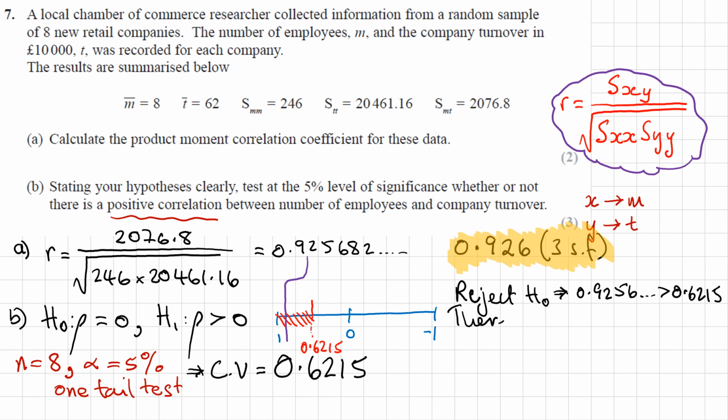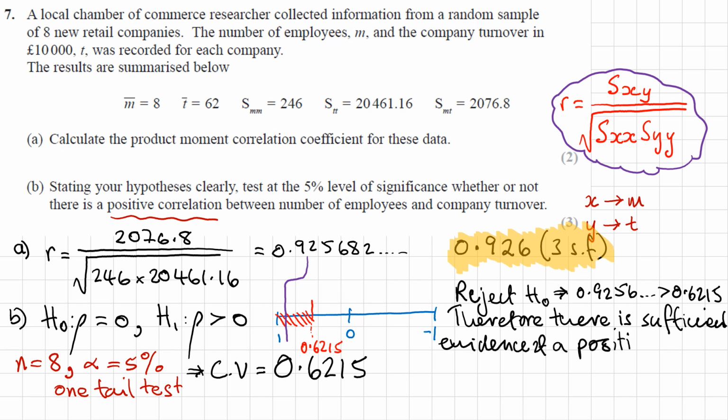Therefore, there is sufficient evidence of a positive correlation. You can sort of tell that actually from the value of r we get. It needs to be in context.